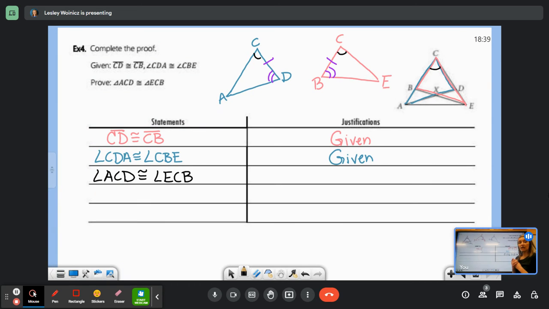If it's overlapping and they share it, it's because it's congruent to itself. Reflexive property of congruence is what that is.